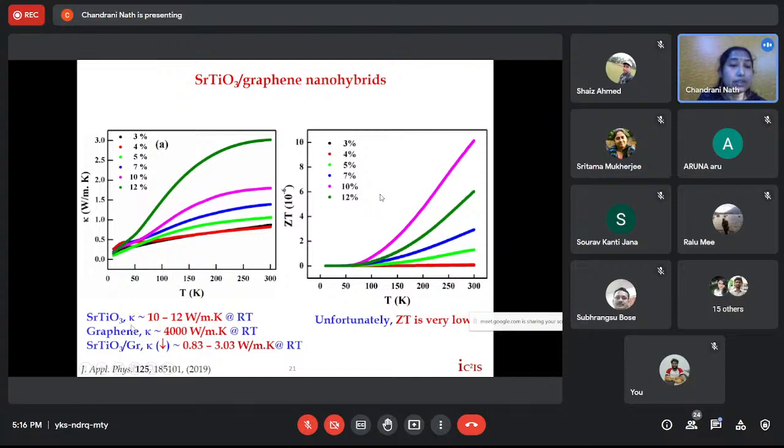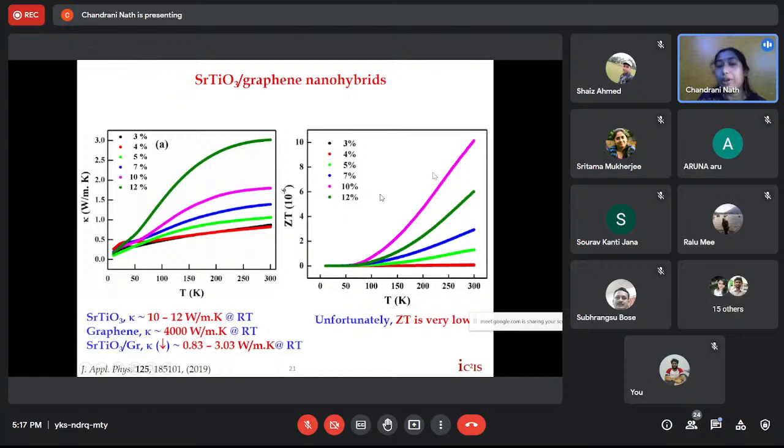For strontium titanate, the usual thermal conductivity is 10 to 12 watt per meter Kelvin at room temperature, while graphene is a very good thermal conductor as well as a very good electrical conductor, close to 4000 watt per meter Kelvin. But for our system, we could considerably decrease the kappa value to between 0.83 and 3.03, depending on the loading of graphene, at room temperature.